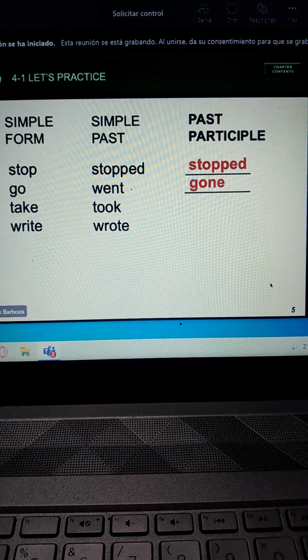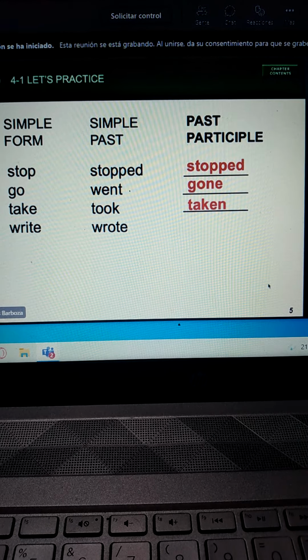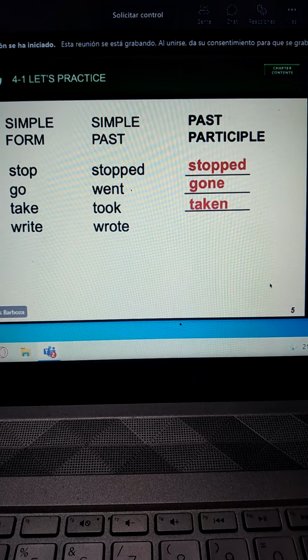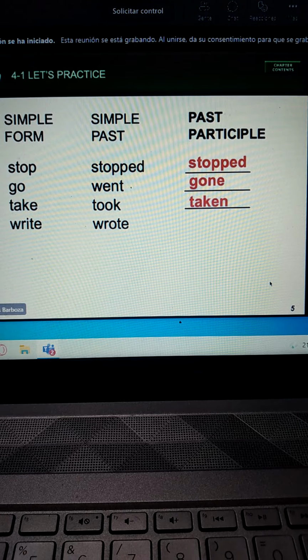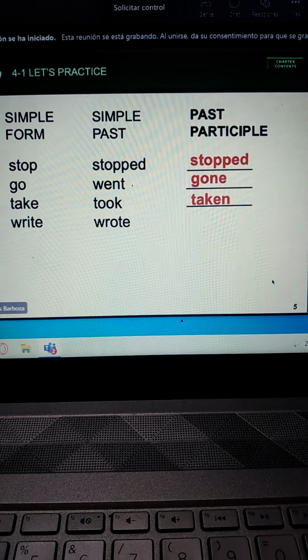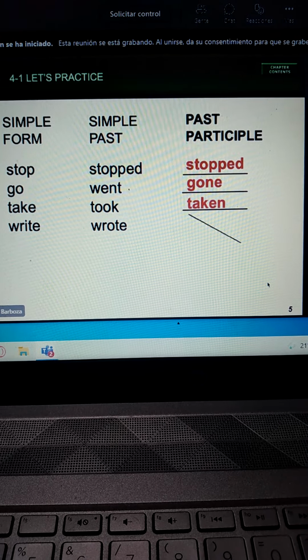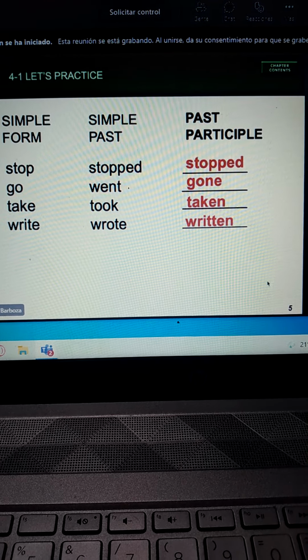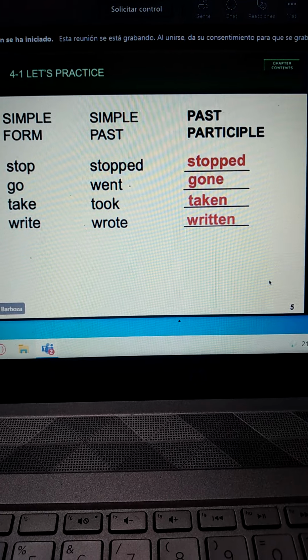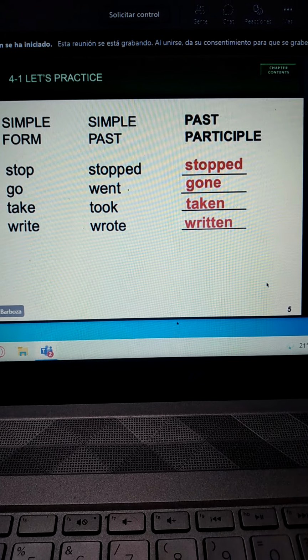Taken. Excellent. Take, took, taken. Write, wrote, and written. Write, wrote, written. Very good.